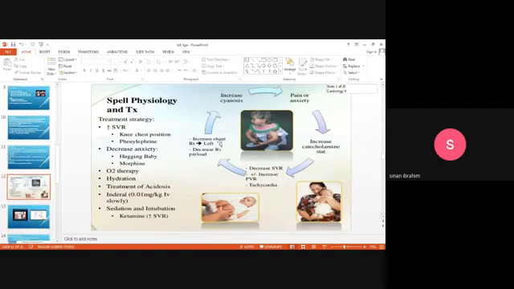In this picture we will see the diagram. We see how the patient is treated with the tet spells. This is the knee chest position of the infant, and this is another position for the mother putting the infant.